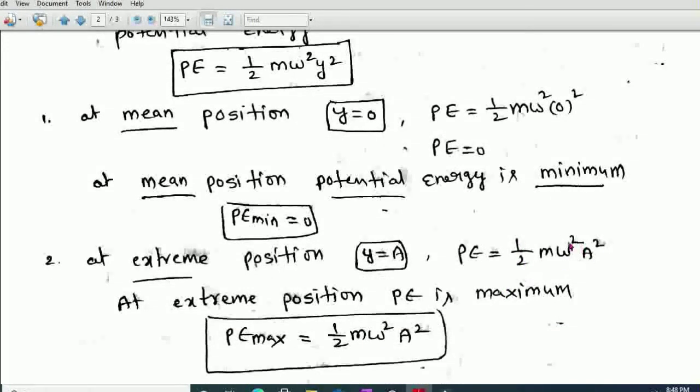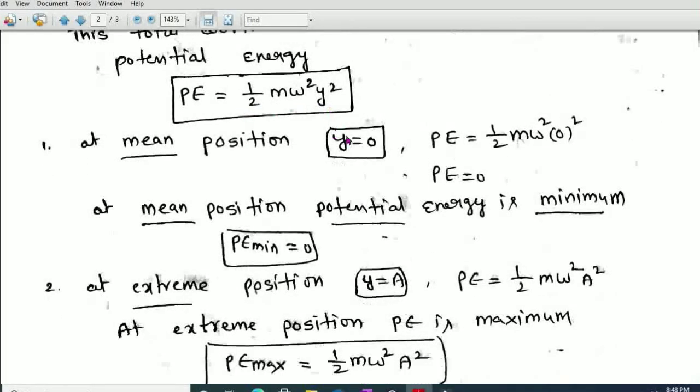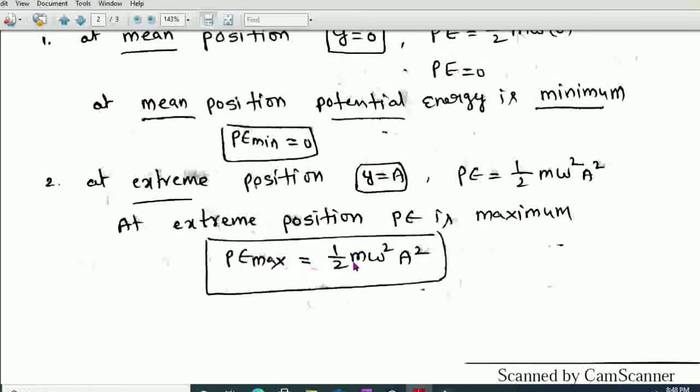This is the potential energy at the extreme position, the maximum potential energy obtainable. The potential energy formula is half m omega square y square, but the maximum potential energy is half m omega square A square.